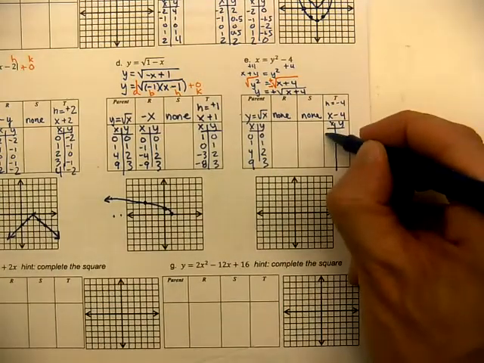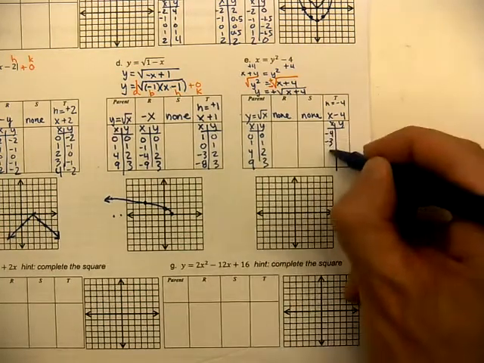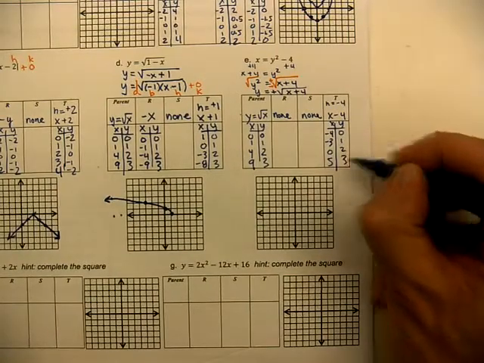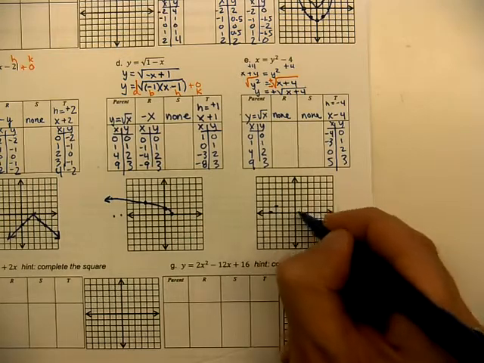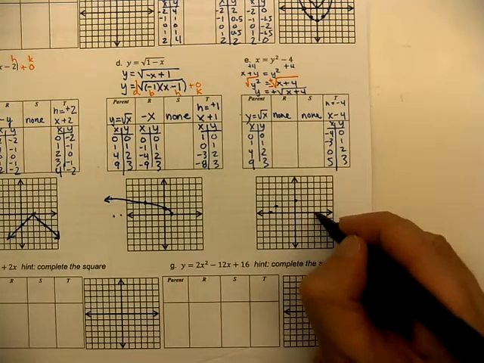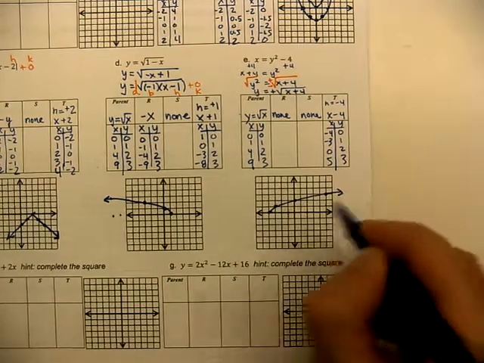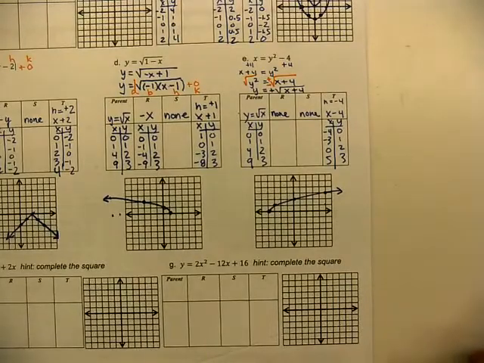So 0 minus 4, 1 minus 4, 4 minus 4, then 9 minus 4. The y coordinates stay the same. And there's the single arrow pointing to the right. There's the termination point on the left-hand side.